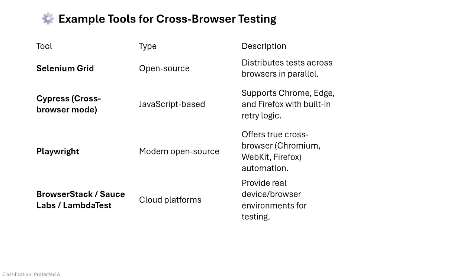Example tools for cross-browser testing. Selenium Grid, open source, runs distributed cross-browser tests in parallel. Cypress is JavaScript-based, supports Chrome, Edge, and Firefox with built-in retry logic.